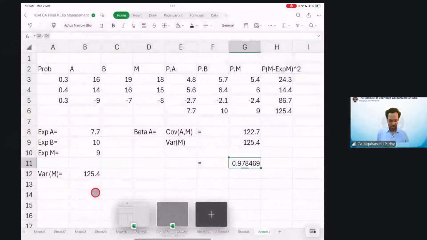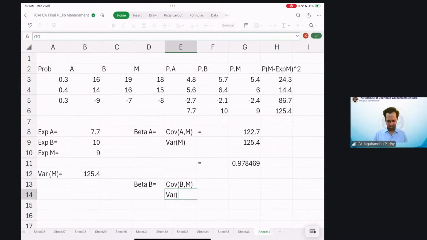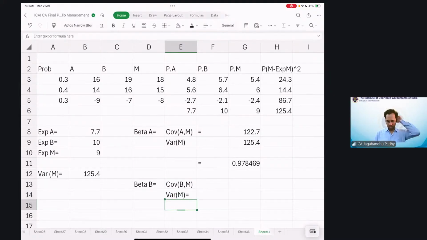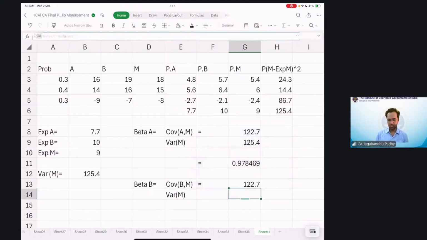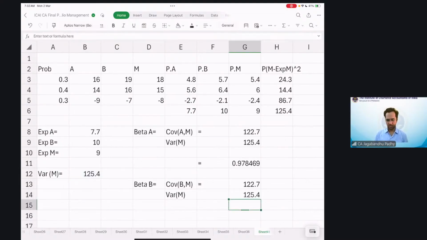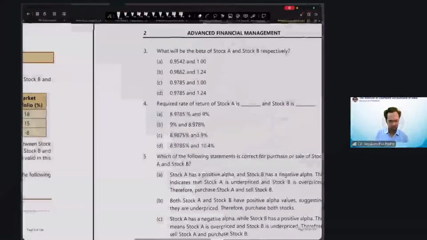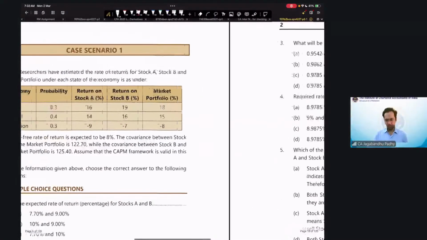And then beta of B will be covariance between B and market upon variance of market. Covariance is how much? 125.4. So it's 125.4 divided by variance of market, 125.4.